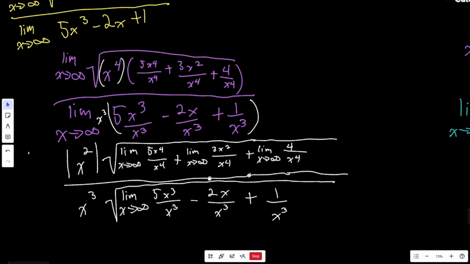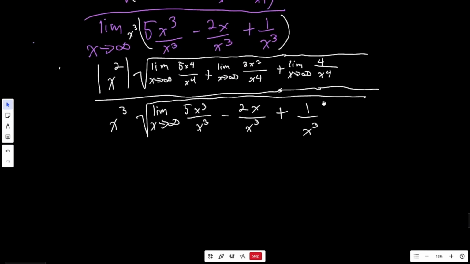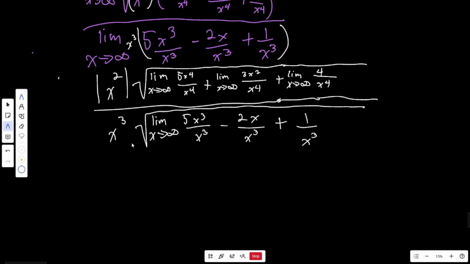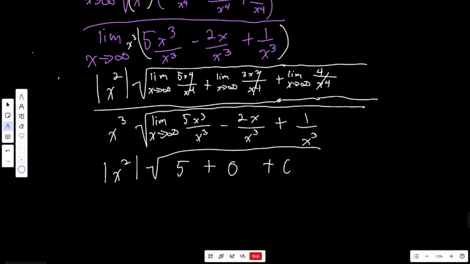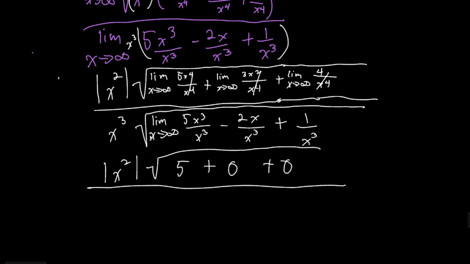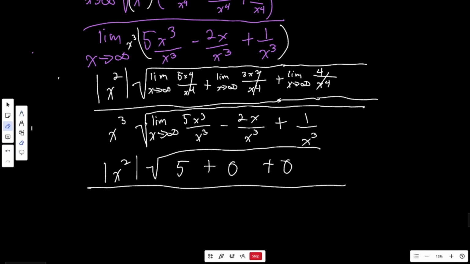Simplifying this with our limit statement here on top, the condition, we can now get the absolute value of x squared times 5. These cancel out. This becomes 0. This becomes 0. So plus 0 over the... Oh, there's no square root here. My apologies. There shouldn't be a square root here.